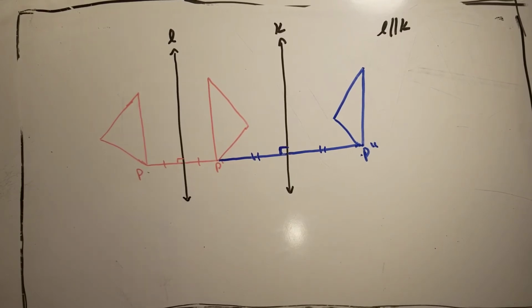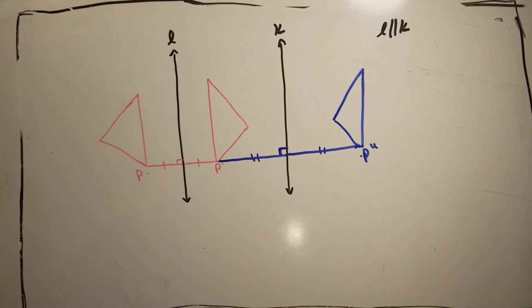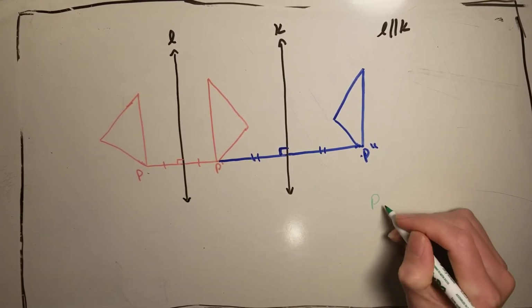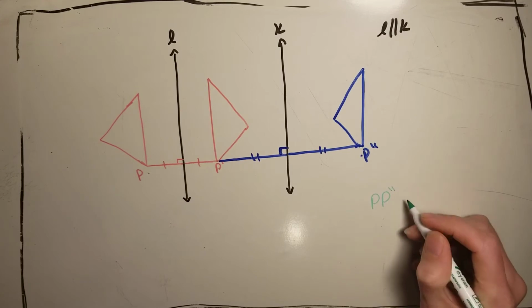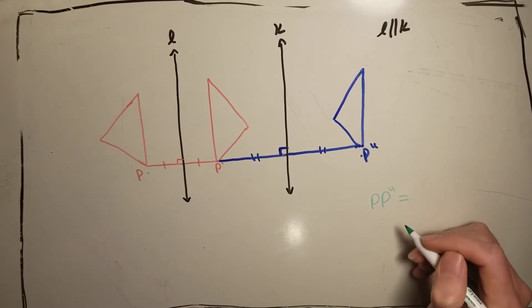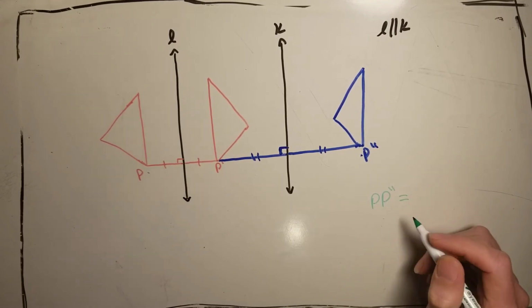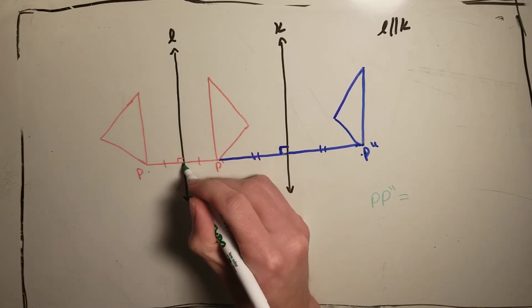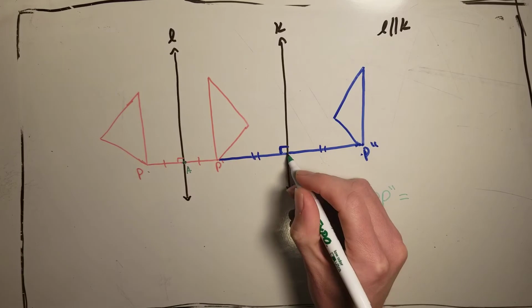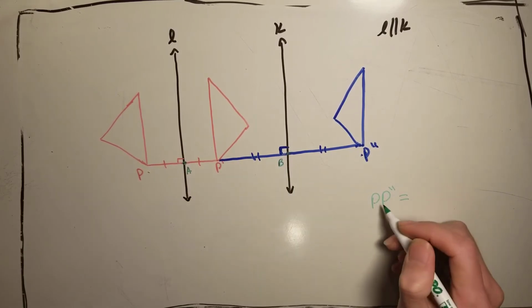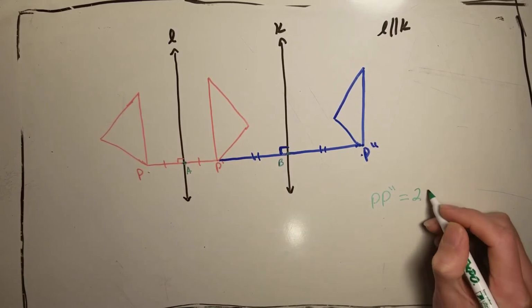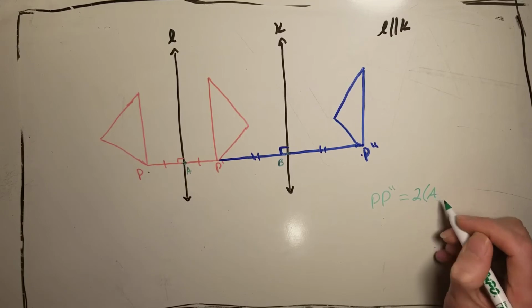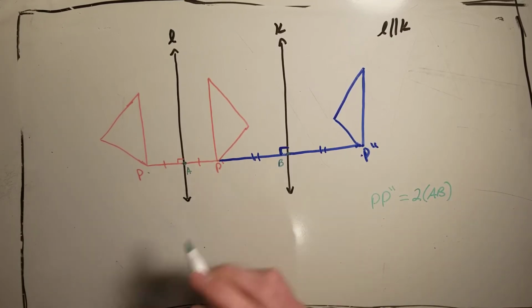And the distance, and we're going to prove this in a second, the distance from P to P double prime is going to be equal to twice the distance from L to K. So if we introduce 2 points, A and B, P to P double prime is going to be equal to 2 times AB.